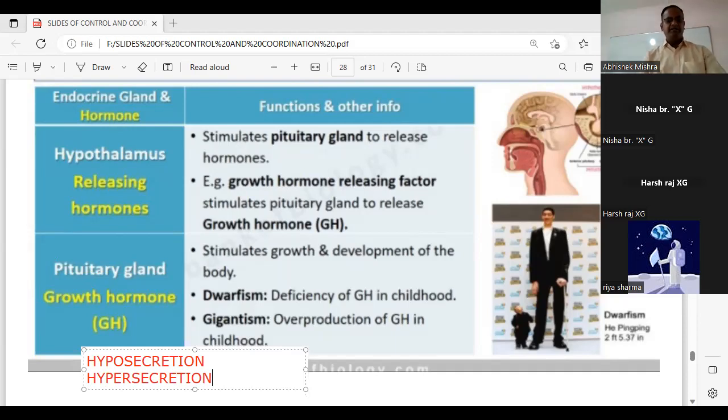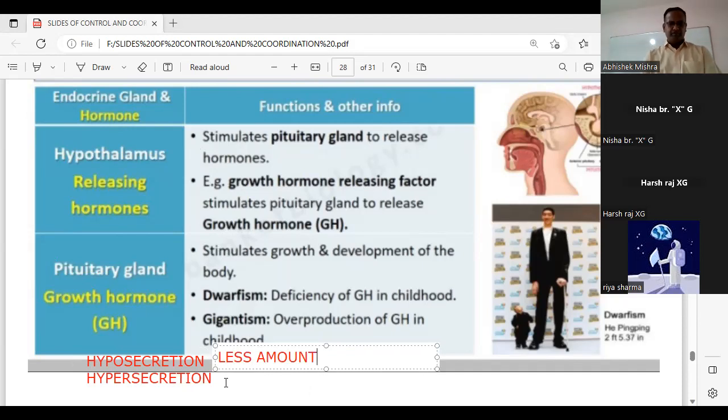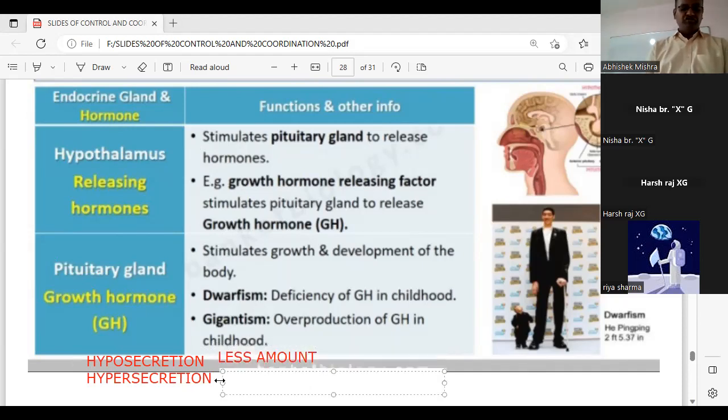Hyposecretion means when the hormone is secreted in less quantity, less amount. And hypersecretion means when the hormone is secreted in greater amount. Okay, so always remember.